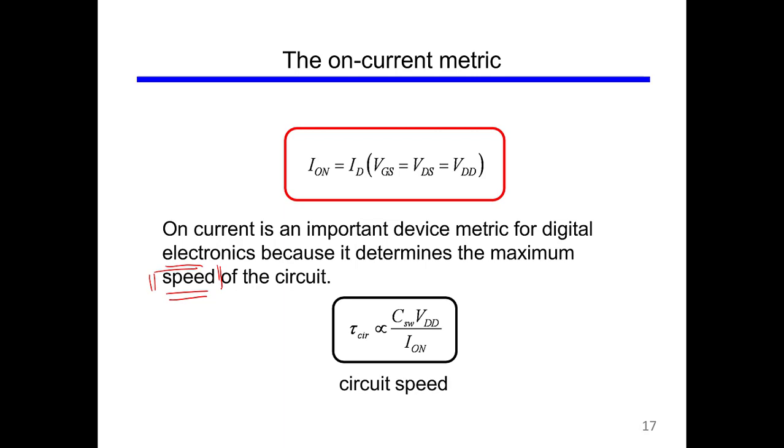Basically the time for a digital circuit to switch from positive to negative, or from 0 to 1 or 1 to 0, is determined by this formula, which is tau, or speed of the circuit, is proportional to CSW, the switching capacitance, times VDD, the applied voltage, divided by I on, the current that flows in an on transistor. And basically this V by I is R.